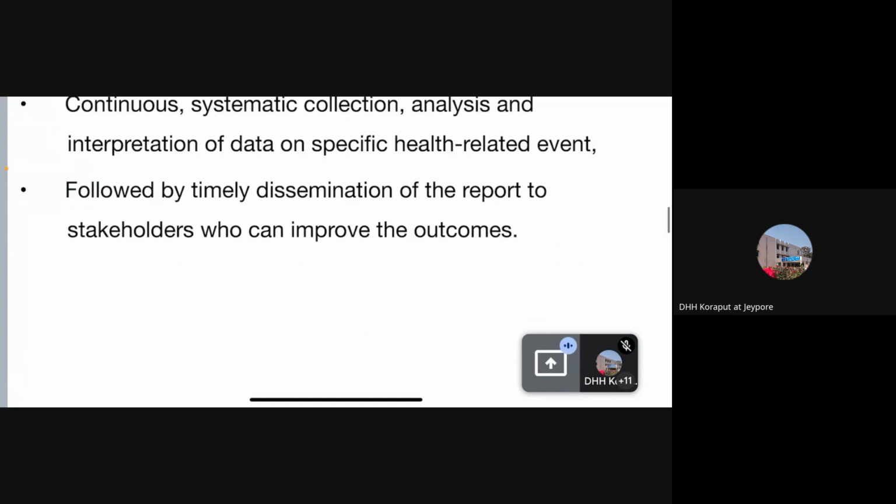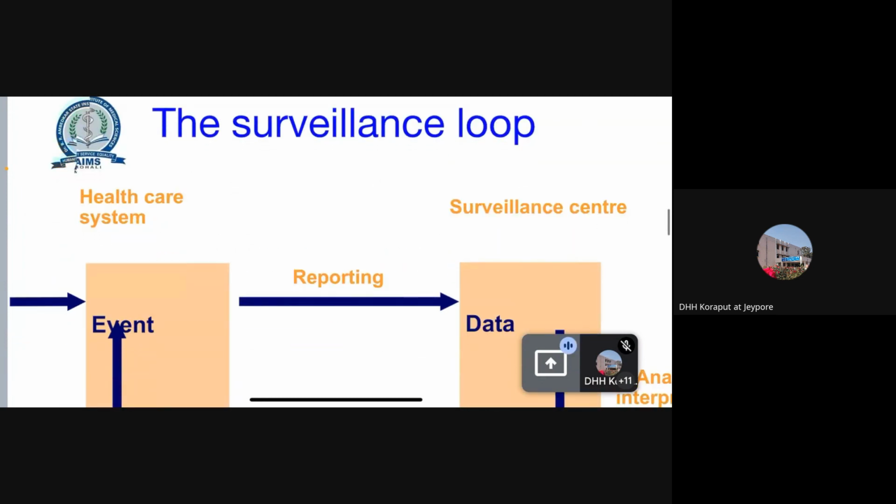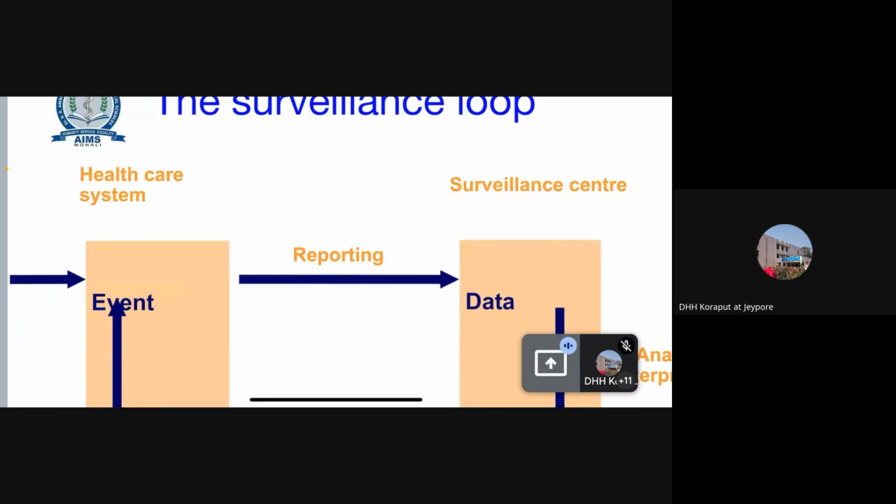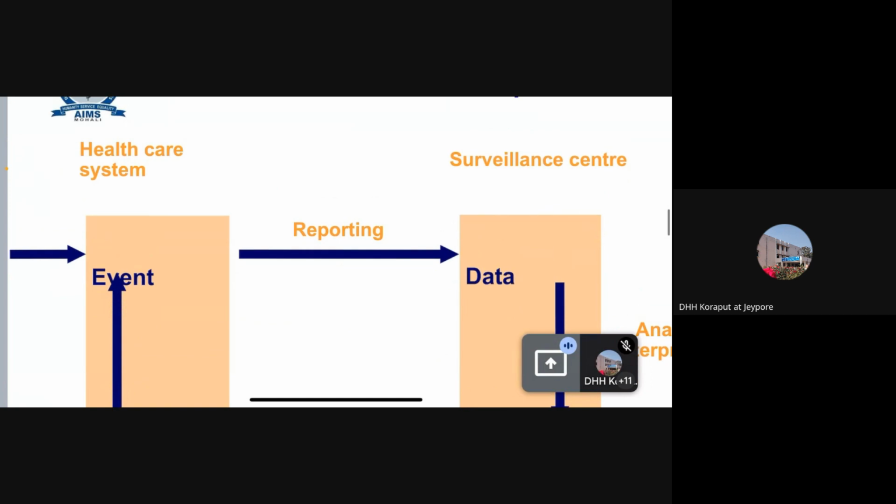So, the surveillance loop in any healthcare system. If some event has occurred, then we should have a system where all this data is collected in some form. You should have some incident form available for the particular healthcare event you want to collect the information on.